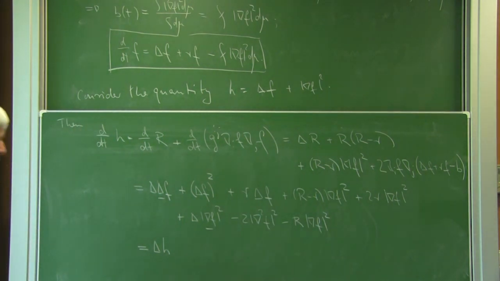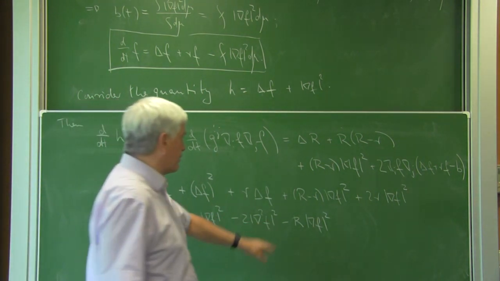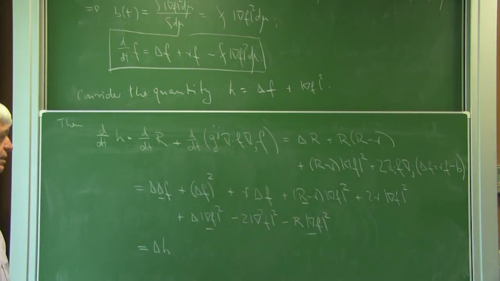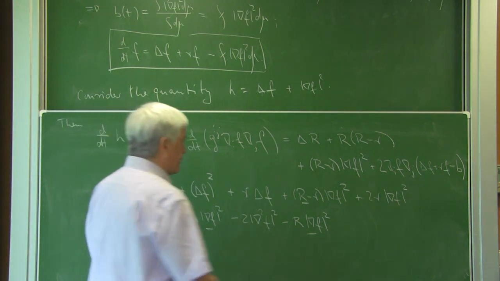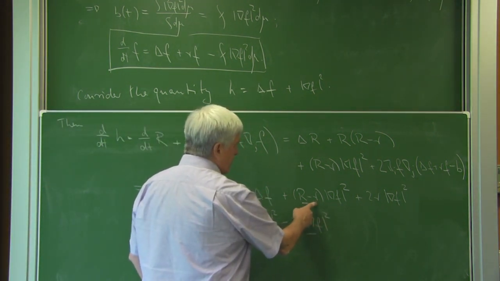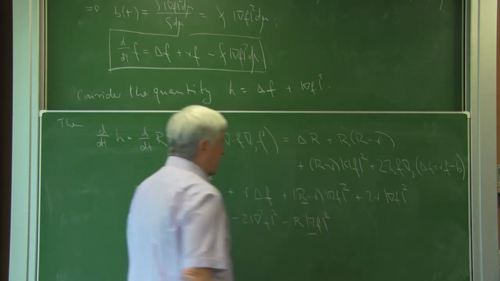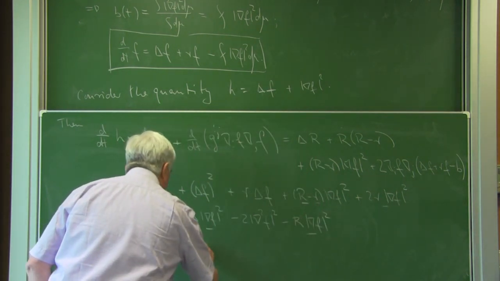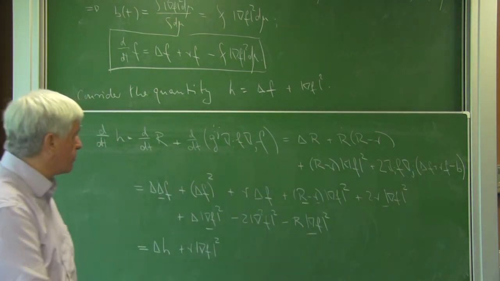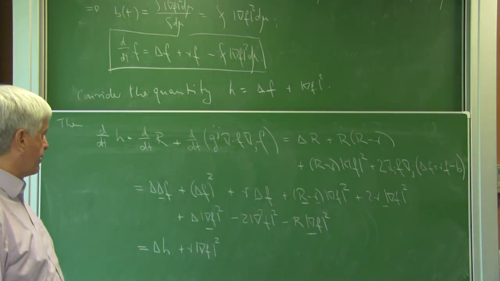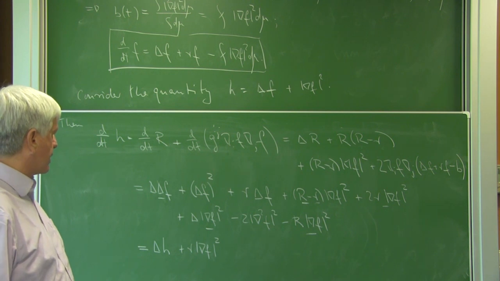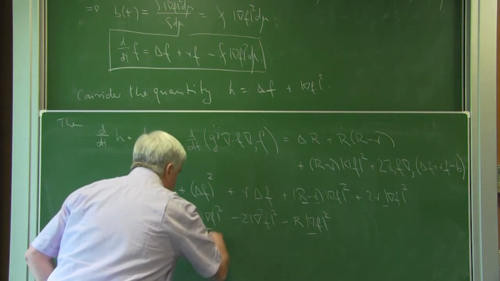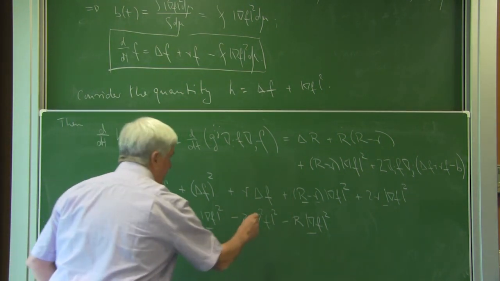And then I have the R times the gradient of f squared with a plus sign here and a minus sign there, which cancels. And here's a 1 minus R times the gradient of f squared, and there's two pluses, so 1 remains, so I have plus r times the gradient of f squared. And then I have plus r Laplacian f. This combines with the gradient of f squared to h, so I get r times h.